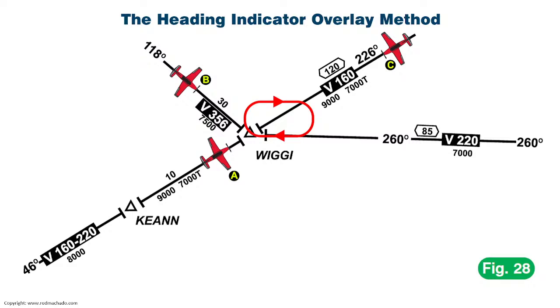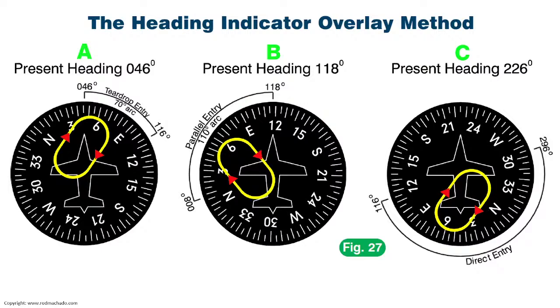What they mean is that you imagine that the hold is overlaid on your heading indicator, and then you figure out if you're in the direct entry zone. So this says it's in the direct entry zone because you're flying on this heading and you're over the top of it, so you can make a right-hand turn and just directly enter the hold.